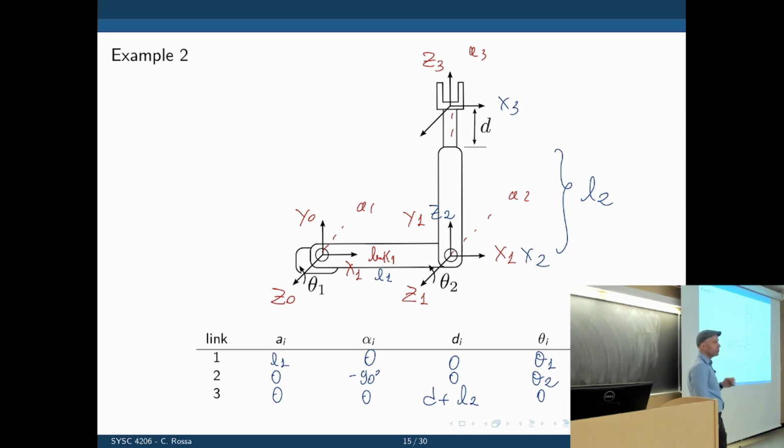Okay, let's fix that. So we had Z1 coming like that, right? So Z1's coming like that, and then Z goes up, and you're measuring that across X1, right? Across X1.